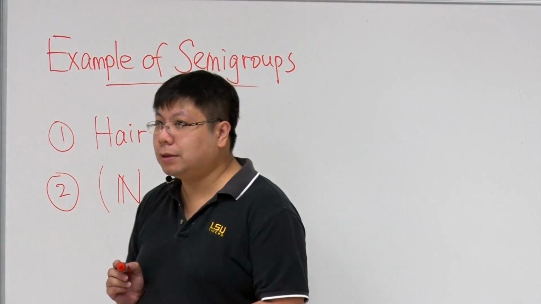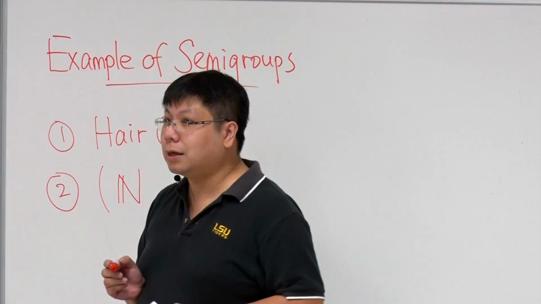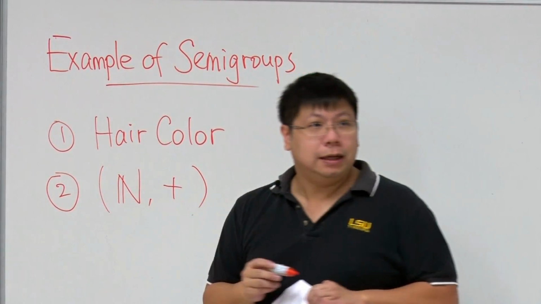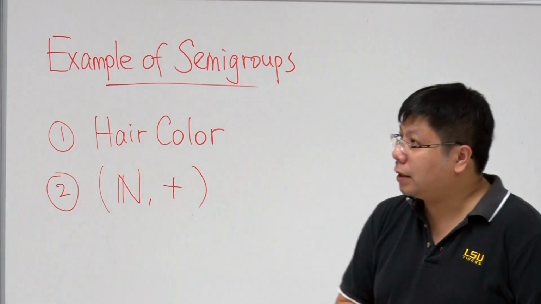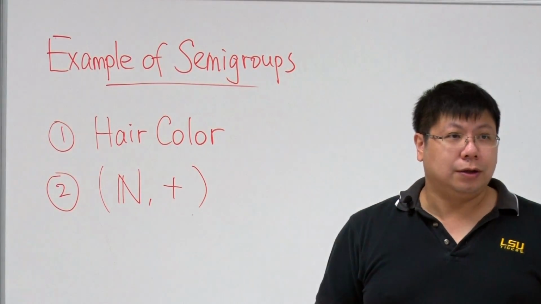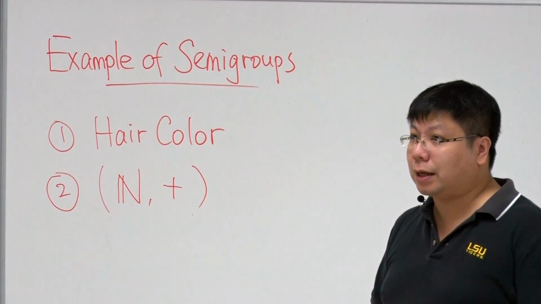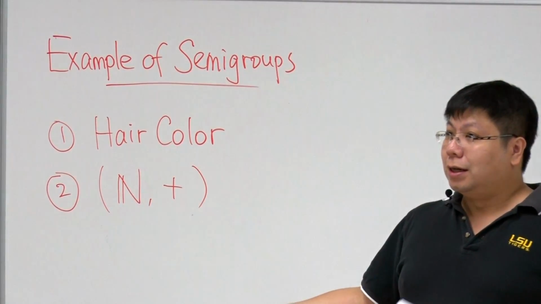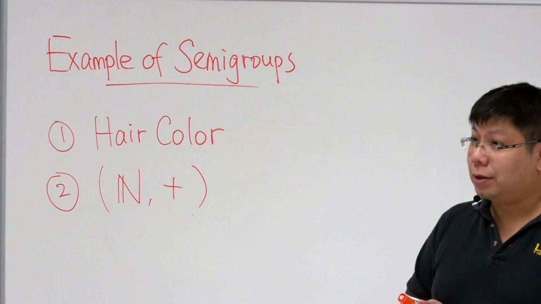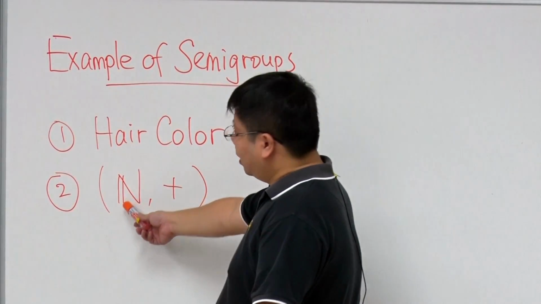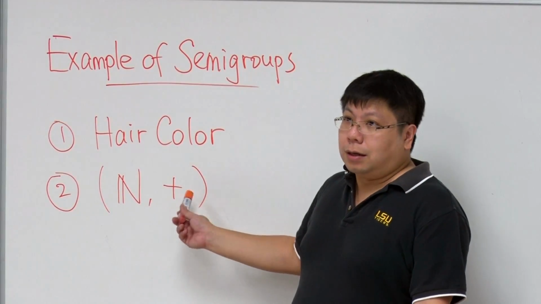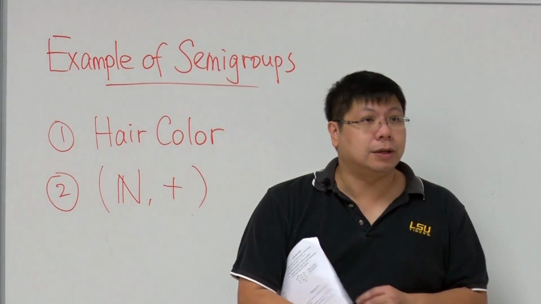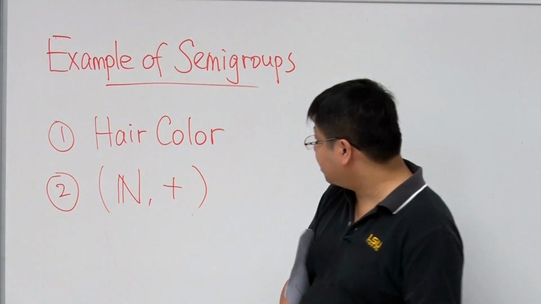Natural numbers start from 1, 2, 3 up to infinity, and then we have plus. It is a closed operator: you add two positive integers, then it is going to be a positive integer. And A plus B plus C, you can do whichever order you like, so it is associative.